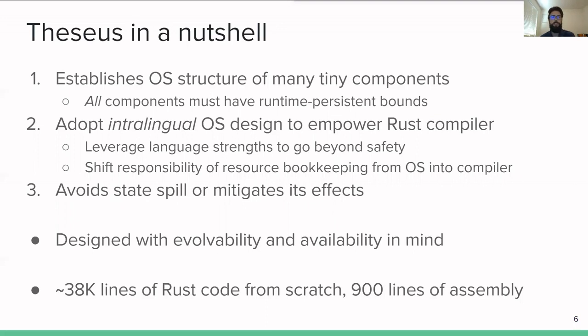Second, it follows Intralingual OS design, intralingual meaning within the language, in which we leverage the strengths of the Rust language to empower the compiler to take over common OS duties, such as resource bookkeeping and preventing unsafe or incorrect resource usage. Third, Theseus strives to avoid or at least mitigate the effects of state spill. Theseus has been designed and implemented with evolvability and availability in mind, and it currently consists of just under 40,000 lines of Rust code.